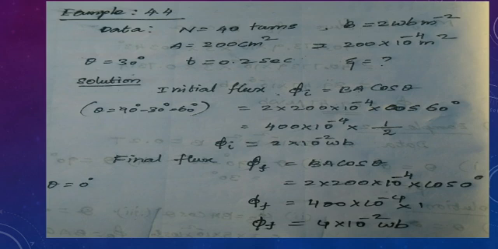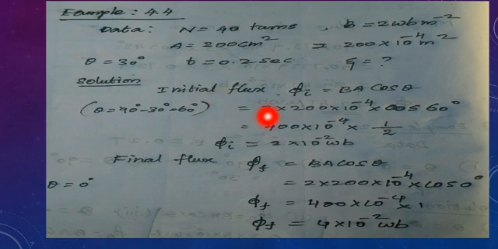From the magnetic flux formula, phi is equal to BA cos theta. Here I'm taking the initial flux phi i, which is equal to BA cos theta. Theta is 30 degrees as given, therefore I'm taking 90 minus 30 degree, because the magnetic field is perpendicular, so I get 60 degree.